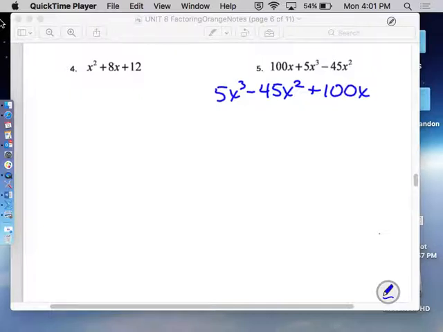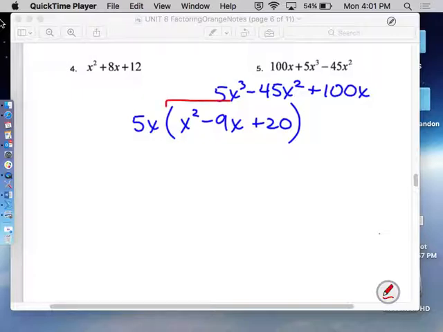And now analyzing for GCF, well, I can definitely see that 5x across the board can be removed from the problem. And when I factor that out, this is what I'm left with. So I'm now going to use the big X method, and I'm only going to focus on what's inside the parentheses, the quadratic in the parentheses.